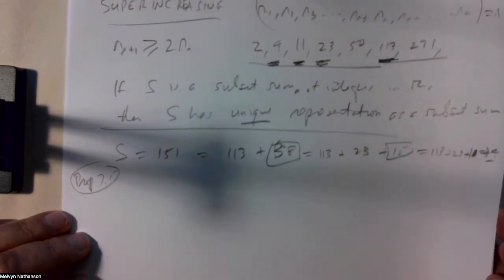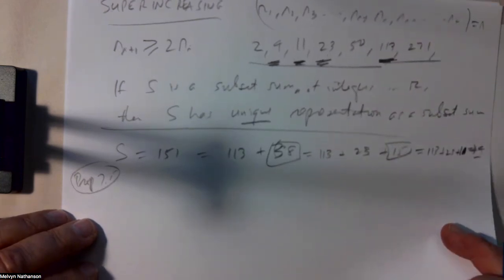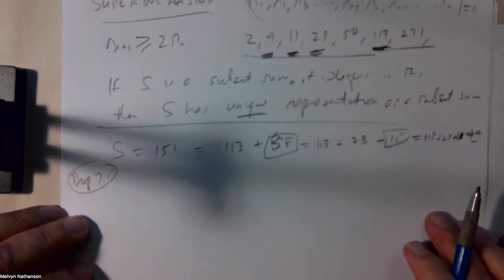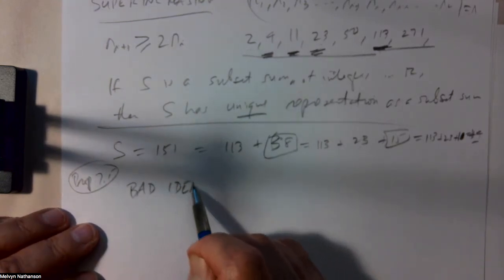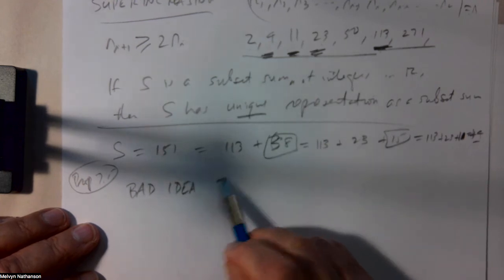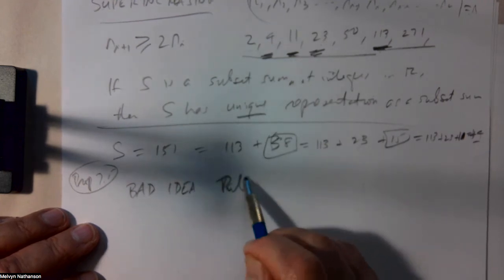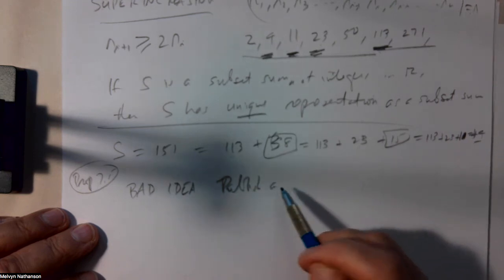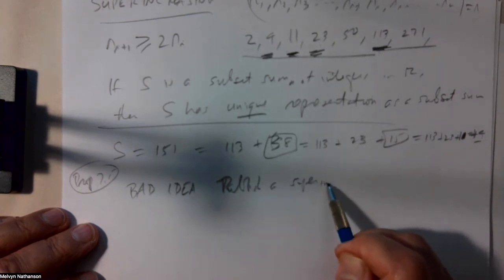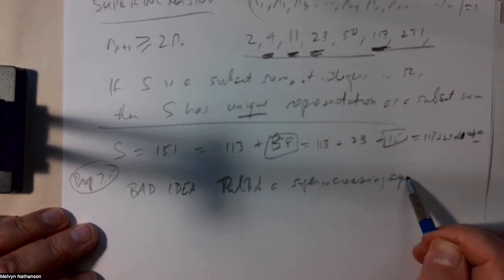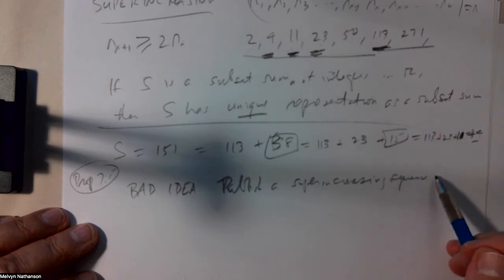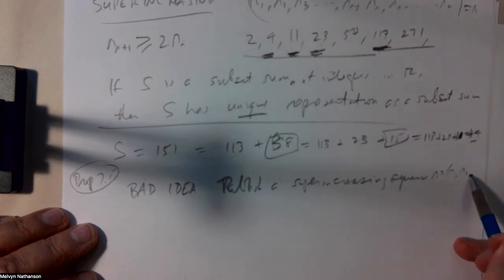So how do we construct from this a crypto system? The idea is, so here is what I'll say is the bad idea. Publish a super increasing sequence R, R1, R2, and so forth.